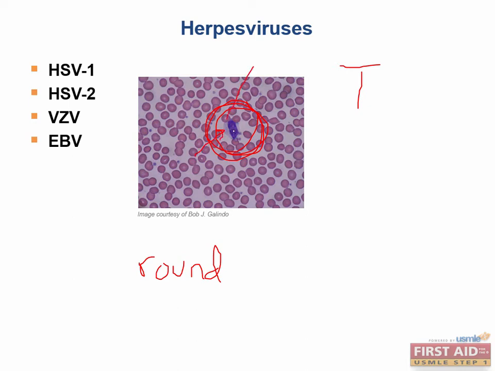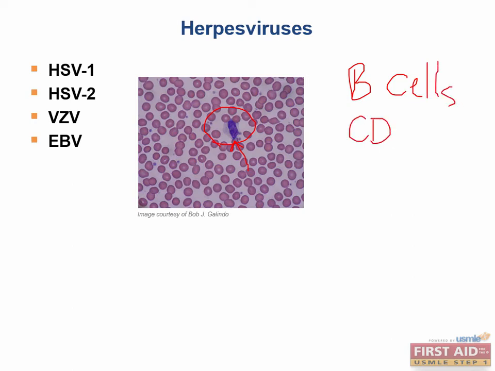So the nucleus doesn't take up the entire cell like a healthy, normal T lymphocyte would. So something to remember is that EBV infects B cells through the CD21 receptor, but it causes the T cells to become atypical.